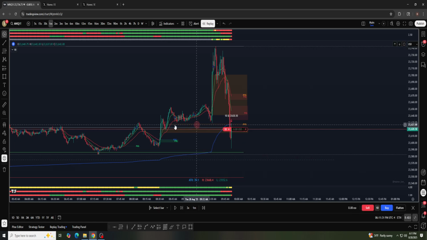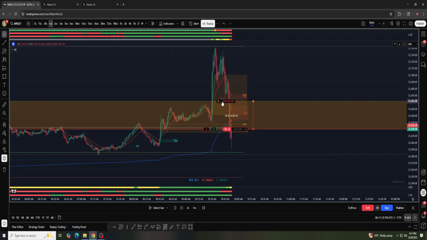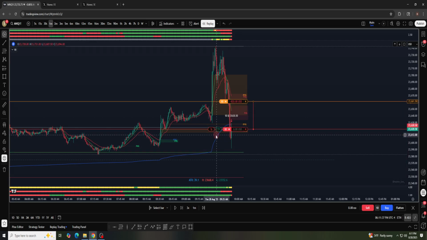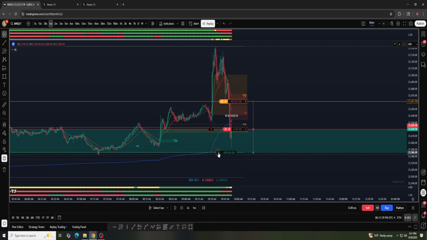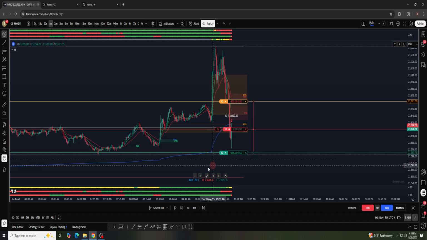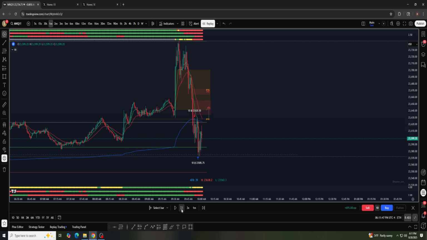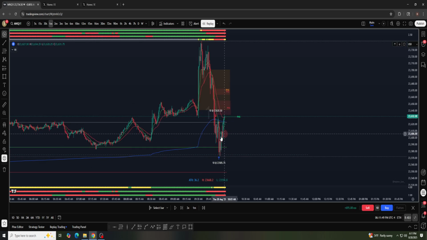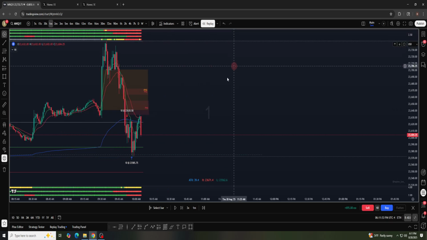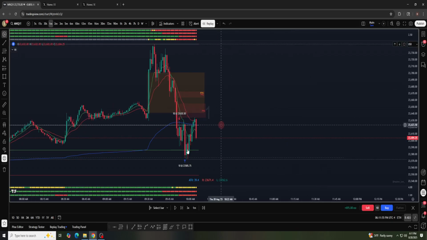So short, use 40 points or so as a target, and the 50% as a draw on liquidity. You can see that this setup worked, and I'll show you why this next dot setup would have been avoided. This is the kind of reaction.